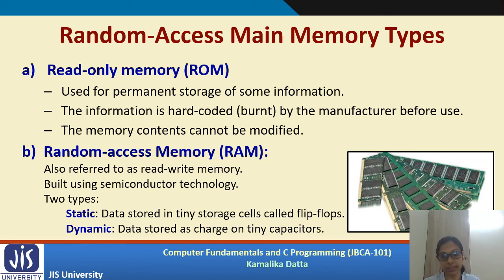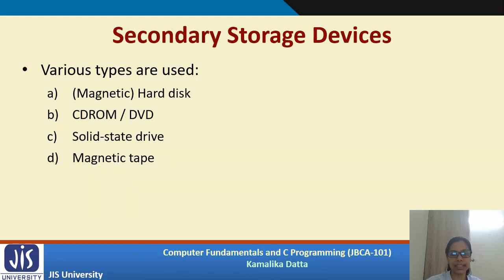So everything boils down to the transistor again. In dynamic storage, the data is stored as charge on tiny capacitors. So data here is not stored in circuits called flip-flops, but in capacitors, which is slower. Static is much faster. These are the categories.